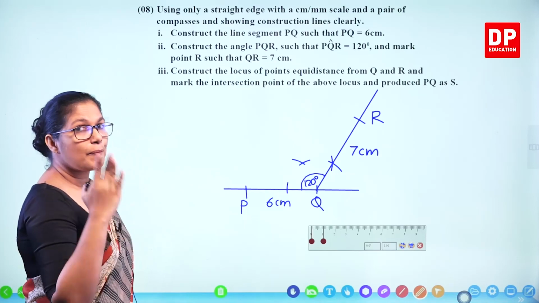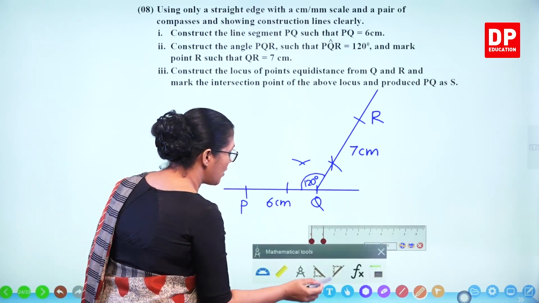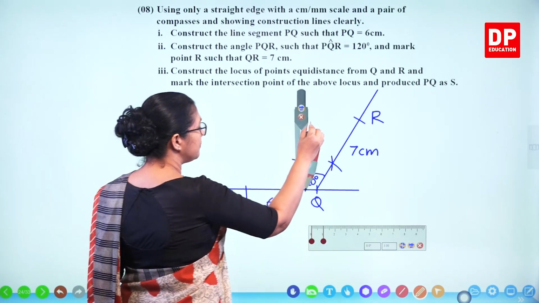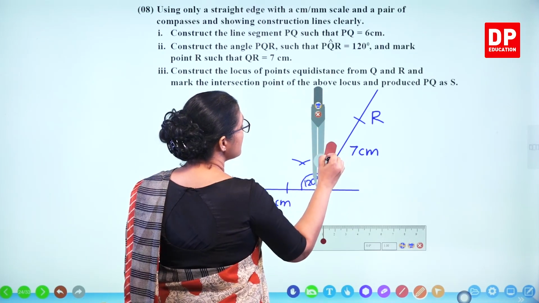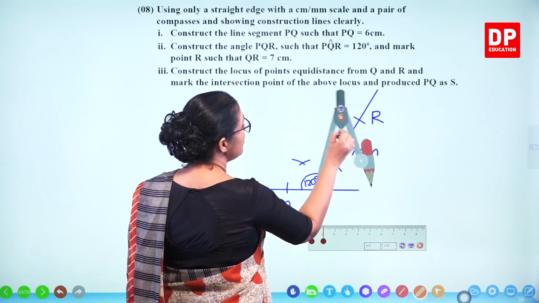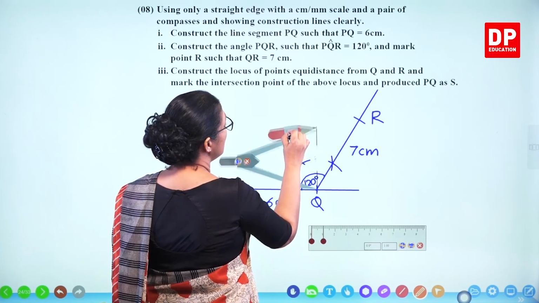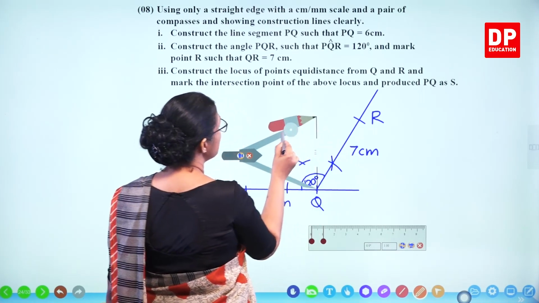What's that? Perpendicular bisector. So you can use the compass, take certain distance and you need to take more than half of this length.